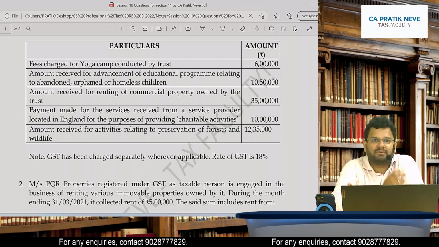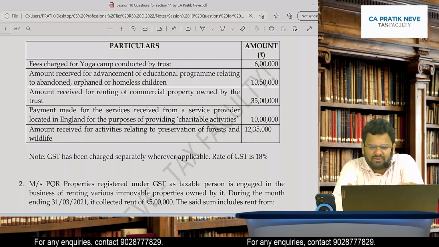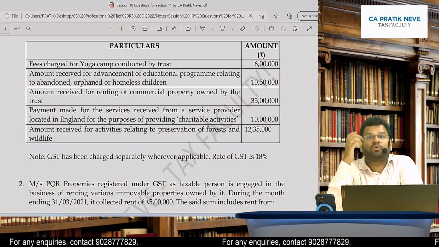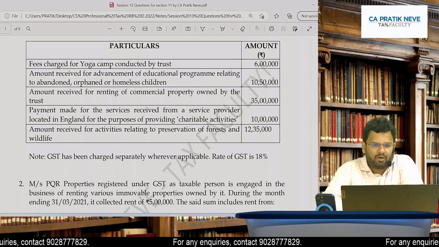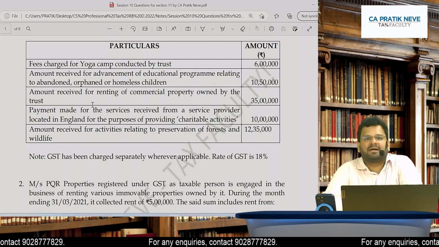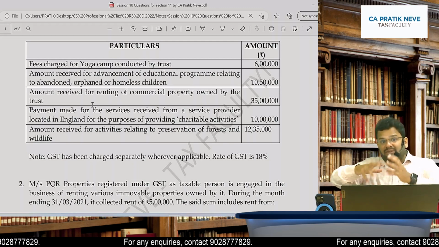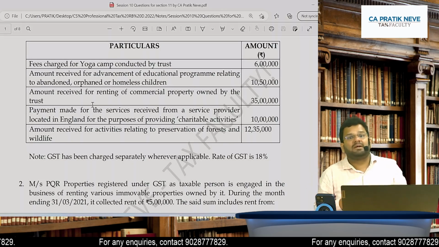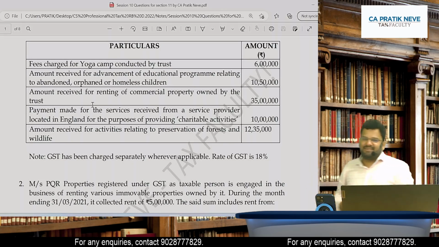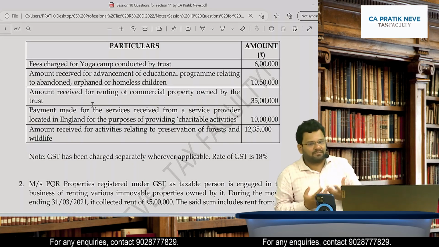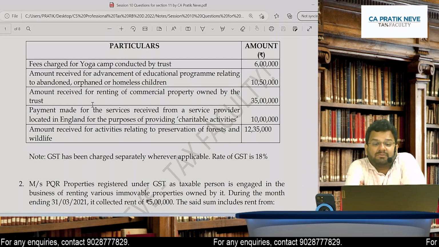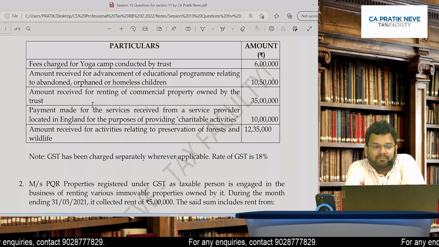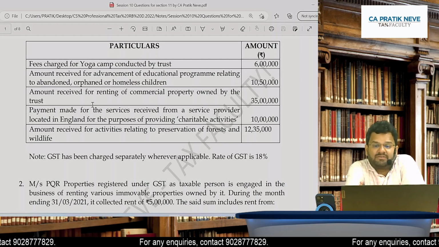So remember this. The whole motto is not solving the sum, but reconnecting to the important provisions. When you connect with the provisions with the help of sums, that connection is strong. That's why we are connecting with the help of sums. Amount received for advancement of educational program relating to abandoned, orphaned or homeless children.